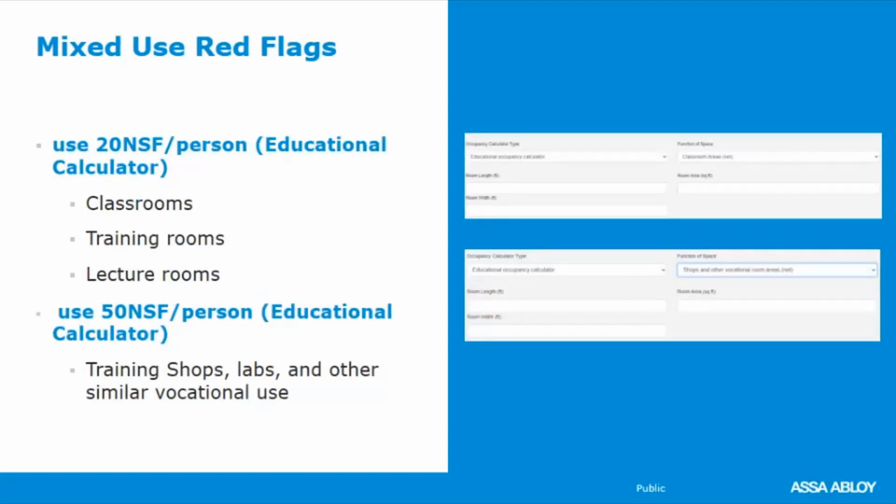Those that you would use the educational calculator, which is 20 net square foot per person, would be for classrooms, training rooms, and lecture rooms in other types of occupancies, like a business occupancy, or maybe you've got a hospital that has a training room or a lecture room there. And then the educational calculator for training shops, labs, and other similar vocational use may be within another occupancy type.